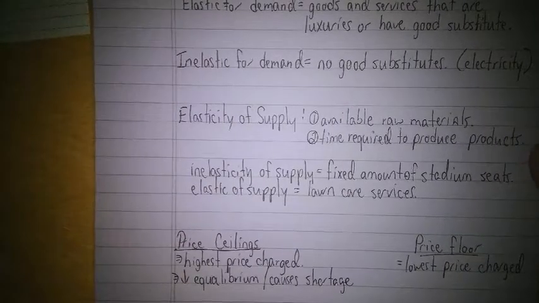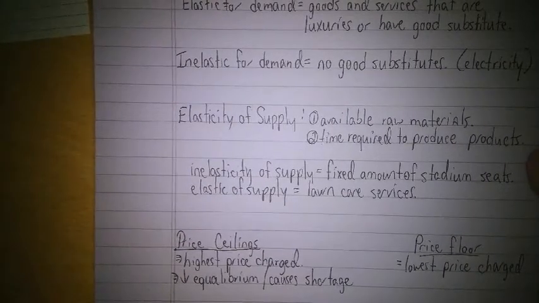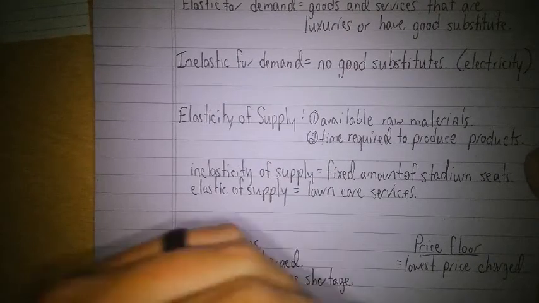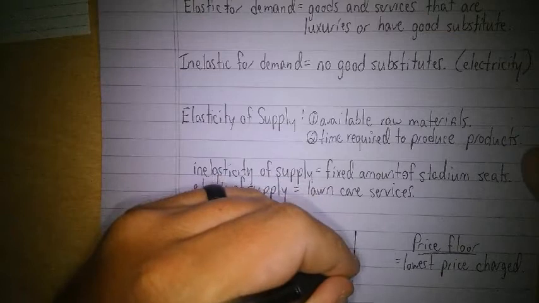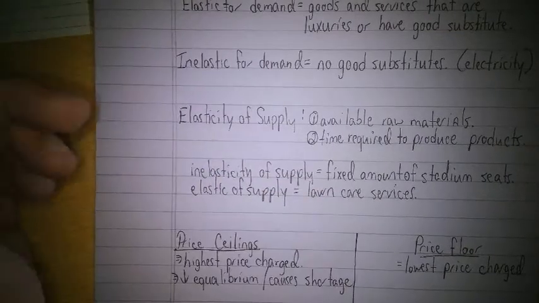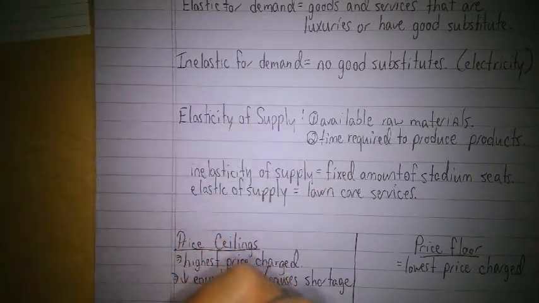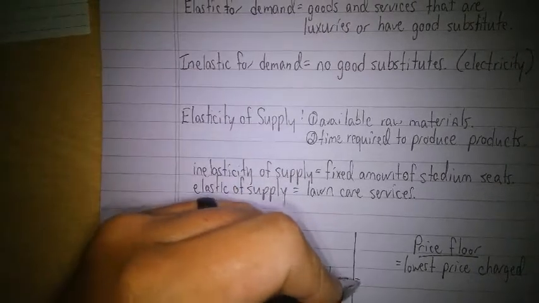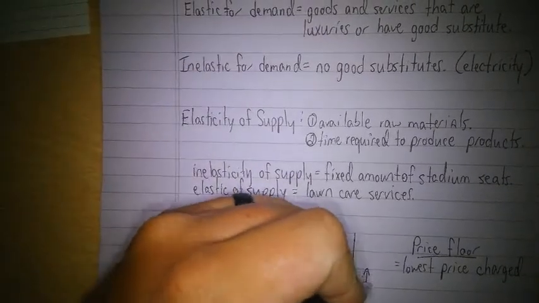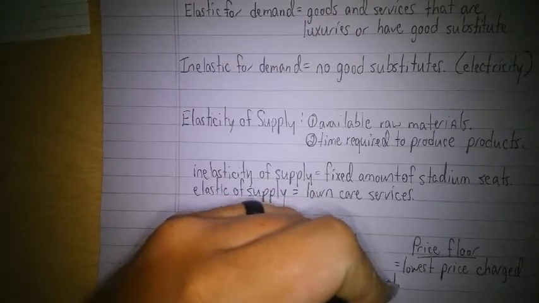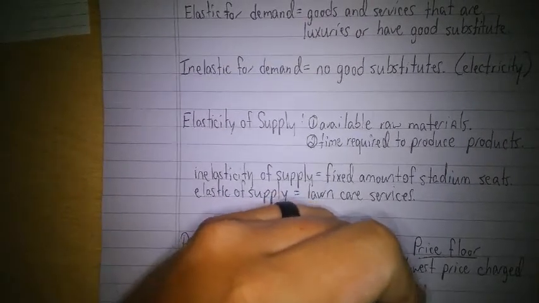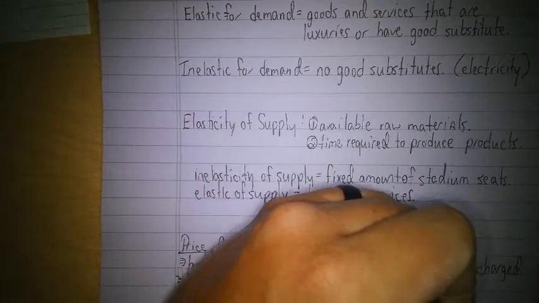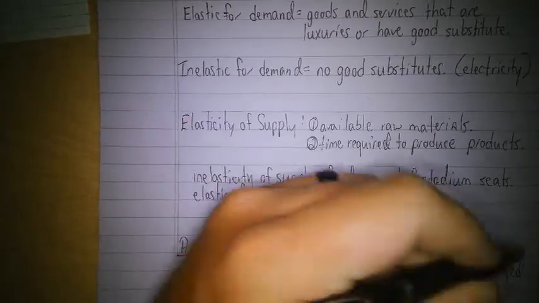Now again, we're comparing and contrasting here. So if a price ceiling is set below equilibrium and causes a shortage, then what do you think a price floor is going to be set at? Above equilibrium. And it's going to create a surplus. Okay?